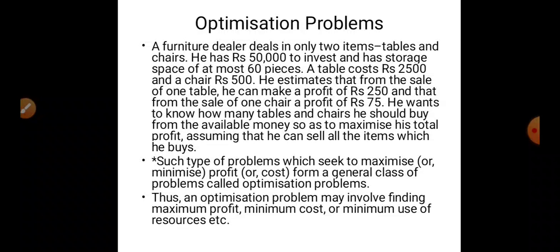He estimates that from the sale of one table he can make a profit of rupees 250, and from the sale of one chair a profit of rupees 75. He wants to know how many tables and chairs he should buy from the available money, which is 50,000, so as to maximize his total profit, assuming that he can sell all the items which he buys.